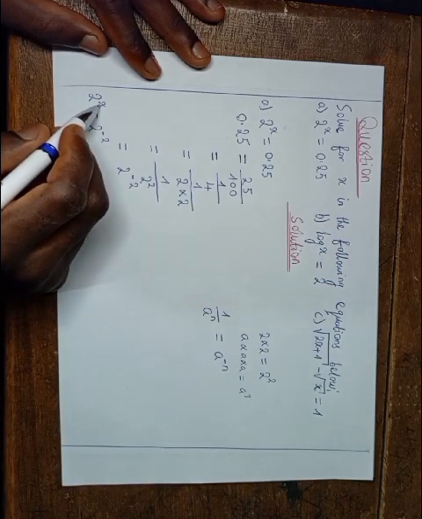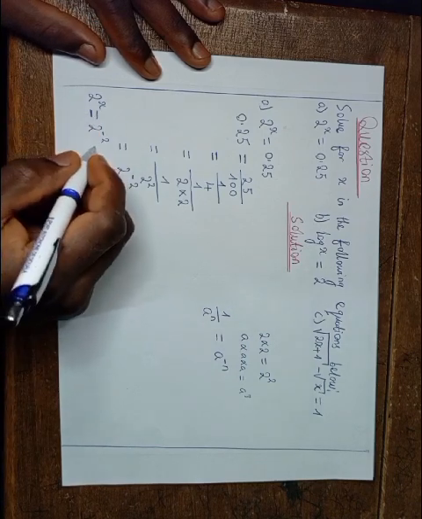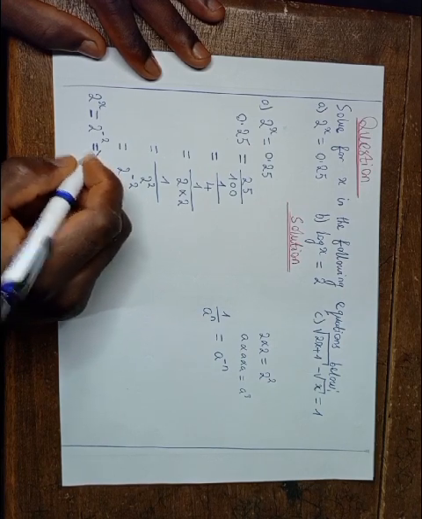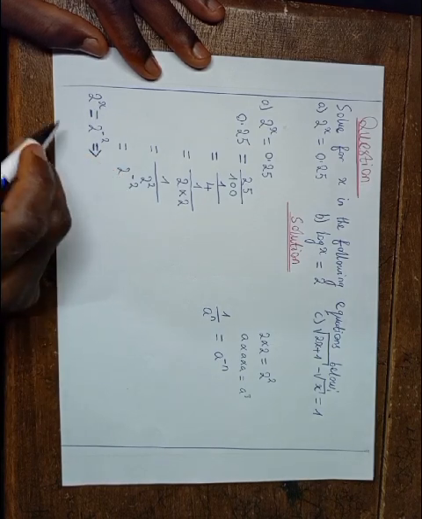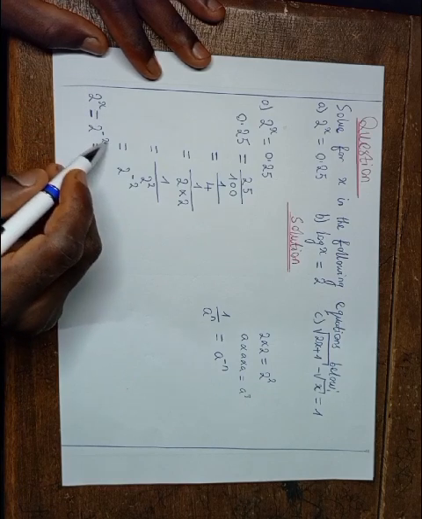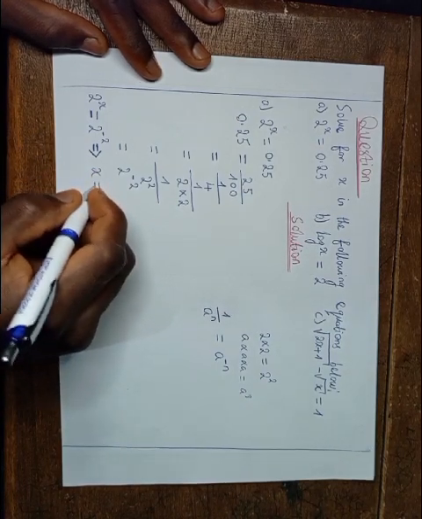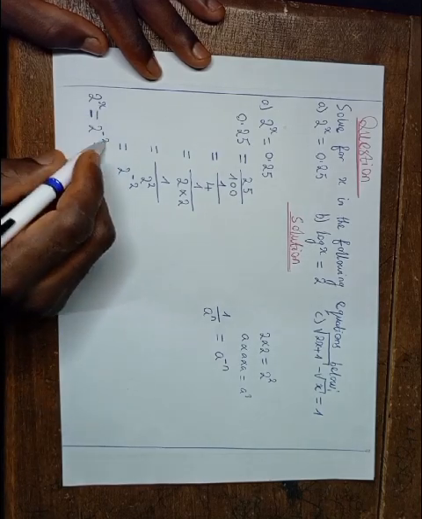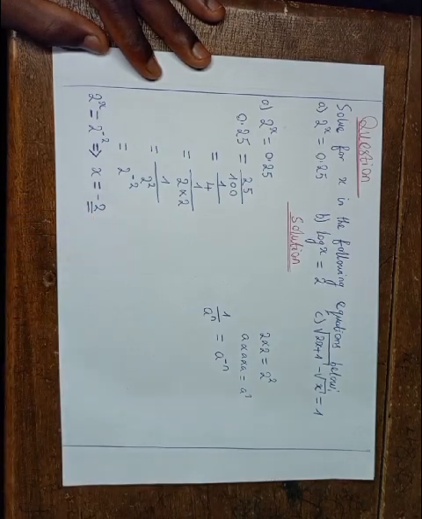Therefore, the powers must be the same. We are going to put down this implication symbol, which simply means then. If 2 to the power x is equal to 2 to the power negative 2, then x must be equal to negative 2.